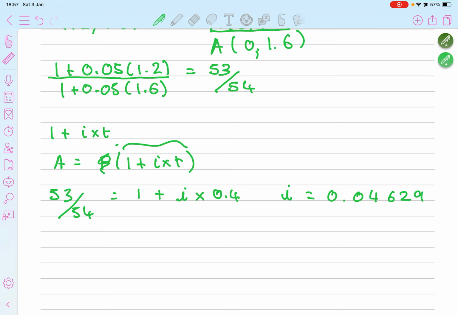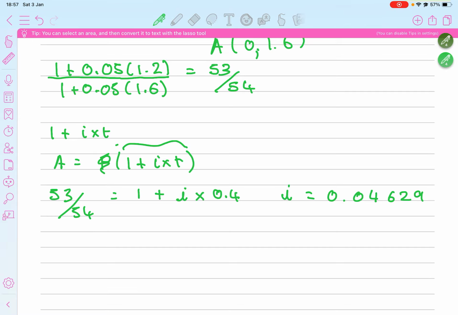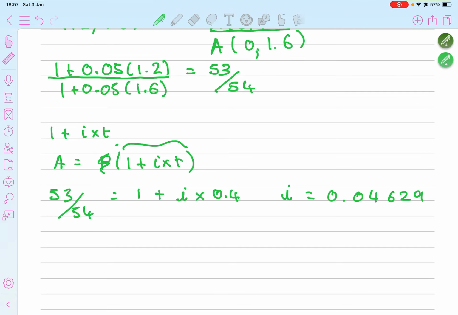What have I done wrong? 54 over 53 minus 1.